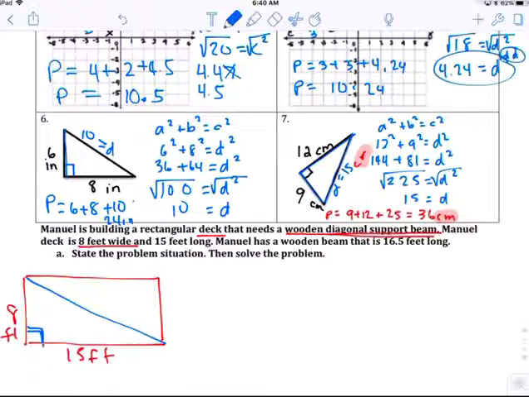90 degrees, A and B. The diagonal support beam, that's the diagonal part, and that's where the beam goes. We'll put B for beam. Okay, this way you can lay wood like this and it won't fall through.